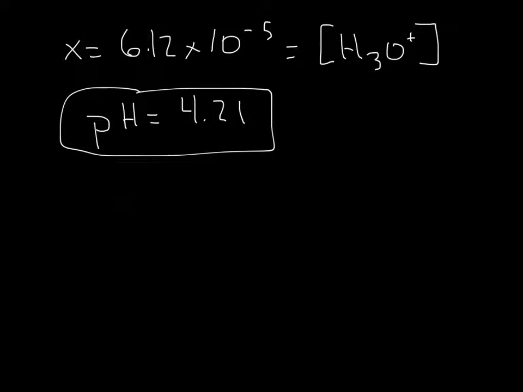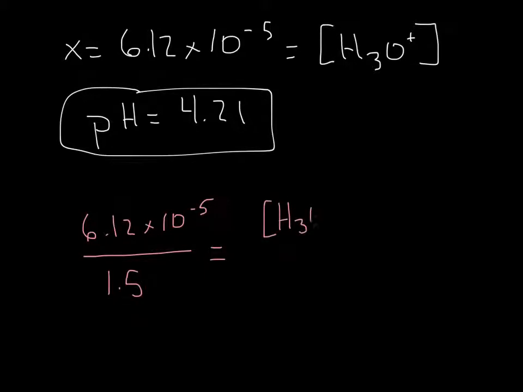One last thing I'd like to check. 6.12 times 10 to the negative 5th, that's the value we found for x, that's the amount of the hydronium ion formed. And we started with 1.5 molar hypobromous acid. So just a quick note, this is the amount of dissociated ion, so that's the hydronium, over the concentration of the hypobromous acid.